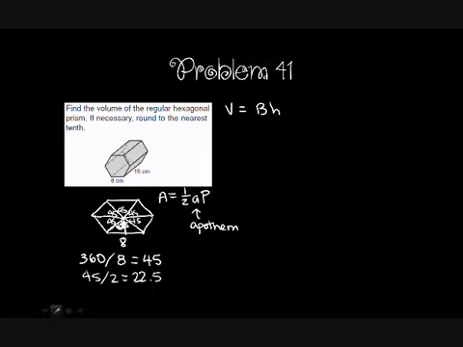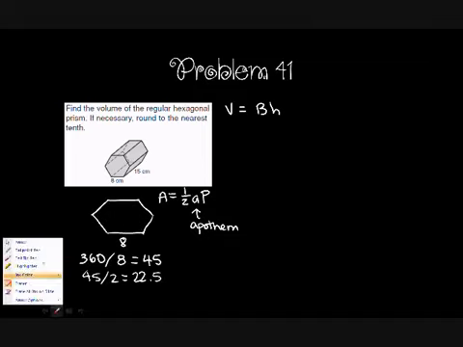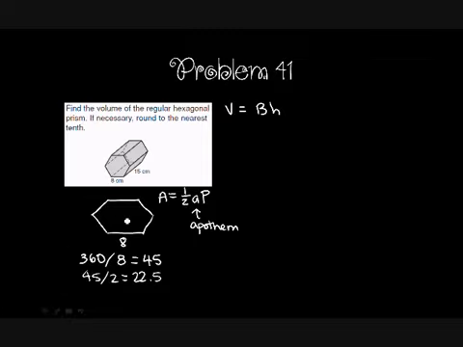Okay, so what we end up with in here, let's draw this again. We have this triangle, and that's 22.5 degrees. And we're trying to find this side here. This right here is 4 because the whole entire side is 8, but I'm only interested in half of it.